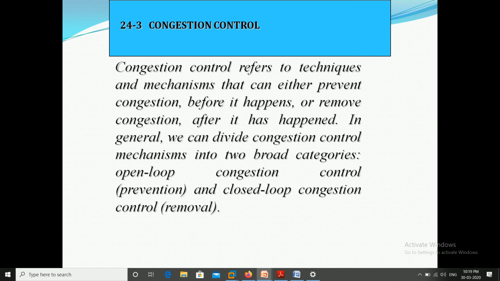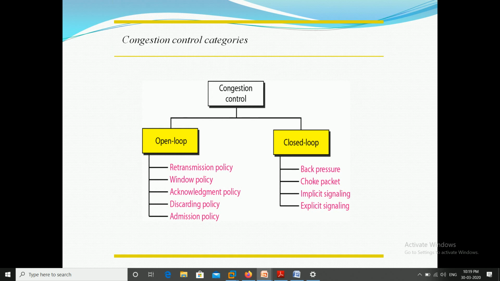In case of open loop, they are going to prevent it. They will try to keep my network congestion free. In case of closed loop, it is removal. When there is congestion, they will generate some sort of packet, or they have their own mechanism to remove the congestion.